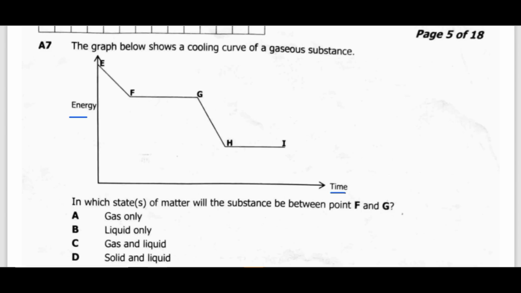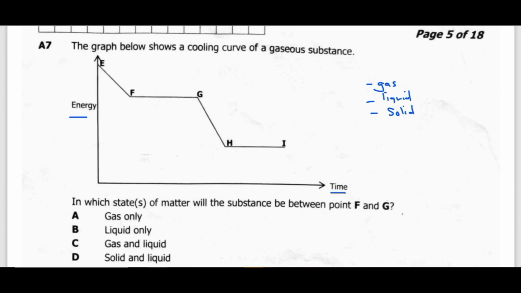In which states of matter will the substance be between points F and G? We have to know the states of matter: the first one is gas, then we have liquid, and then we have solid.